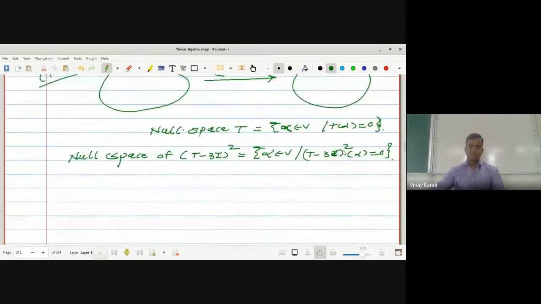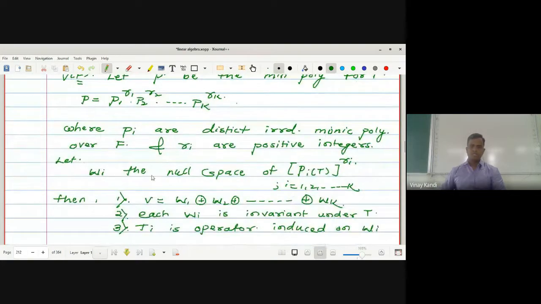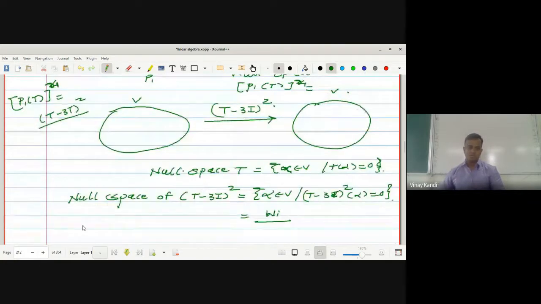Okay, what will this be for me? WI. Whatever comes here, we call it WI. Okay, what is WI? WI is the null space of this one. W1 is what? Null space of P1 T raised to R1. Is it correct?